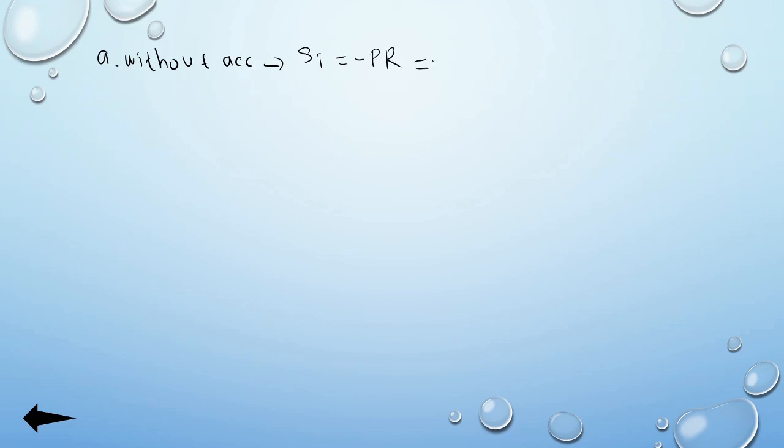The person has normal eyes, so the PR of the person equals infinity. To answer question II, we get the value of SI directly from this condition without accommodation. SI is the distance between the image and the lens. So, the answer is SI equals infinity.